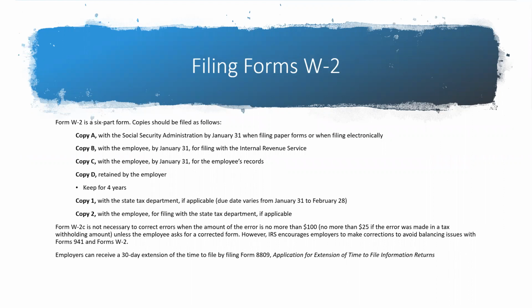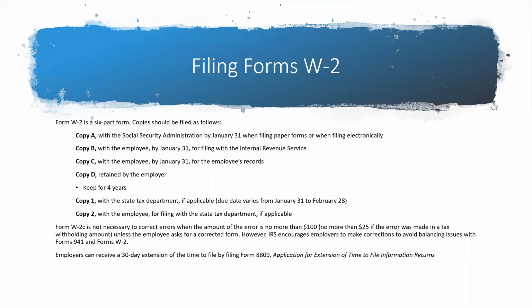Form W-2 has 6 parts, and the copies should be filed as follows. Copy A should be filed with the Social Security Administration by January 31st of the following year. So for 2020, the Forms W-2 should have been due and filed with the Social Security Administration by January 31st of 2021.